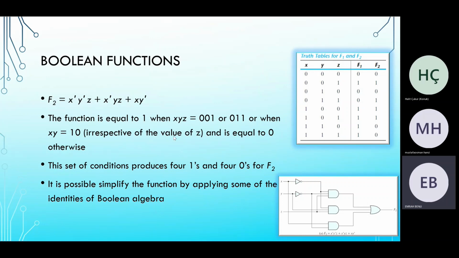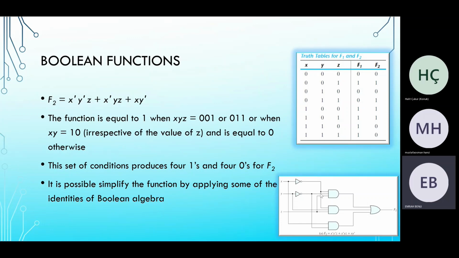So what we are doing now is, x comes from here, this side of it, x, and if you pass this part, it will be x prime. So x prime goes here to the AND operation. What else comes here?